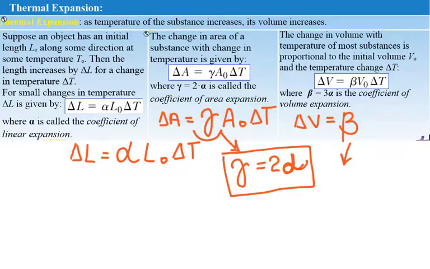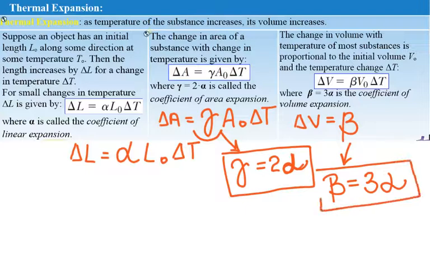If beta is not given, you can say beta is equal to 3 times the linear expansion. So if that is not given in the problem, but you have linear expansion, you take 3 times that number, and then times the initial volume and the change of the temperature. So these are the formulas, and let's look at how we use them.